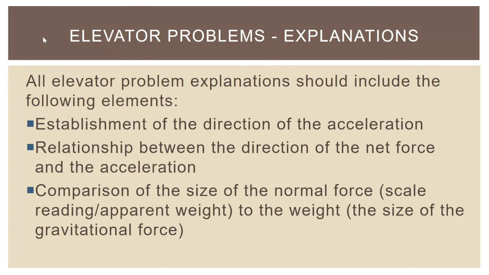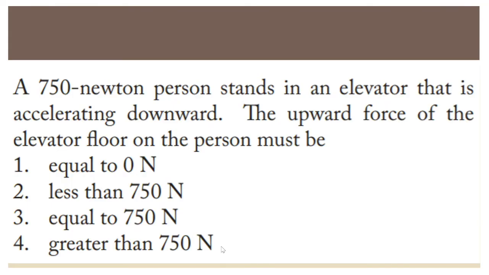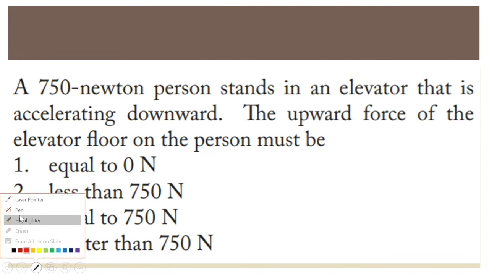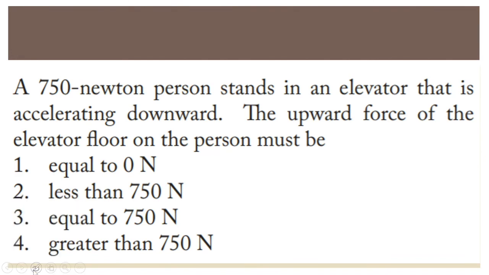Okay, so here's a good example of an elevator problem explanation. This example says a 750 Newton person stands in an elevator that is accelerating downward. The upward force of the elevator floor on the person must be... And so the first thing we need to realize here is that when they say a blank Newton person, what they're telling you is Fg, the weight of the person.